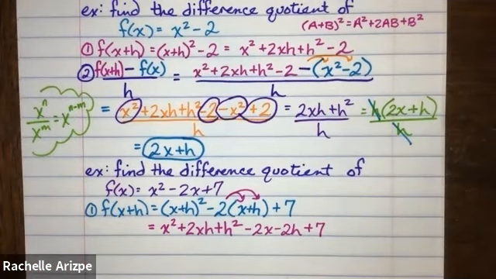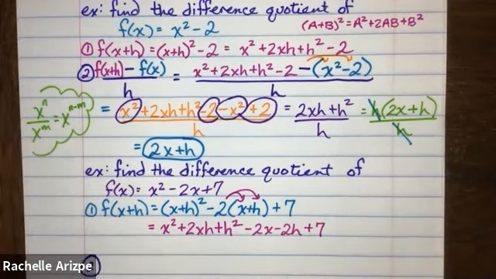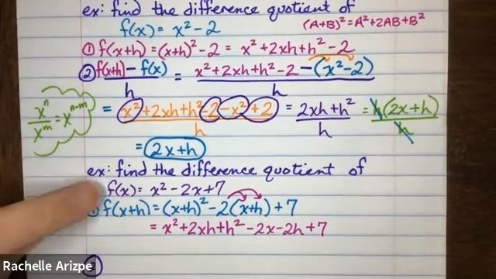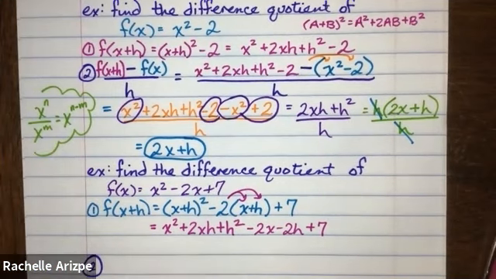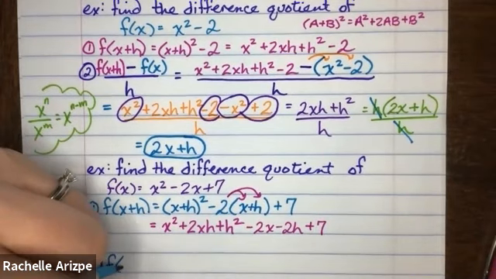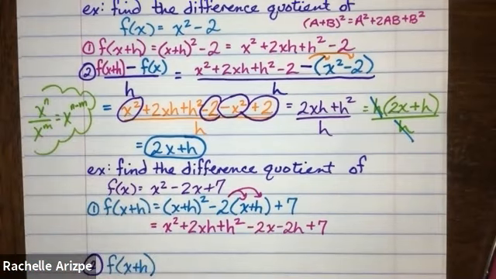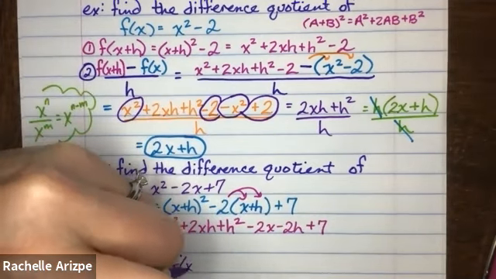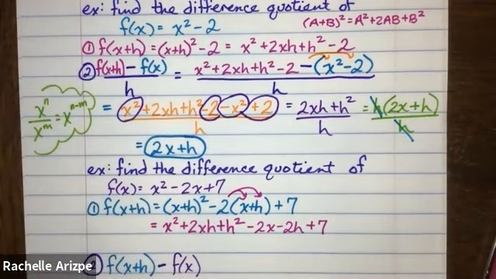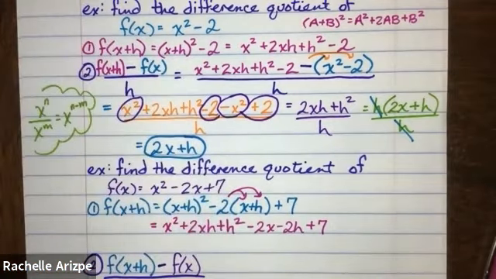Now step 2 says we're going to take the difference quotient. We're going to plug in the values of f of x plus h and f of x. So I'm going to take f of x plus h, subtract f of x, and divide that difference by h.